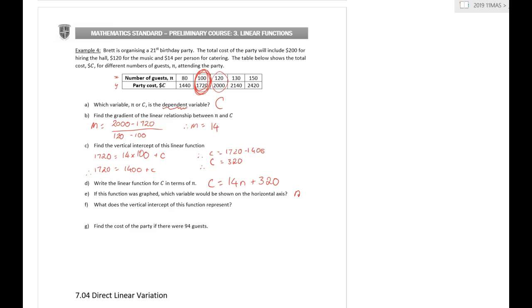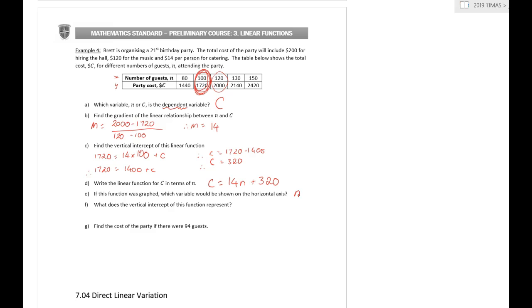What does the vertical intercept of this function represent? Well, you could say it's where the line crosses the vertical axis, but that's not really answering the question. In the context of this birthday party, it tells me how much it costs if I have no guests. It's sort of like a base cost or a setup cost.